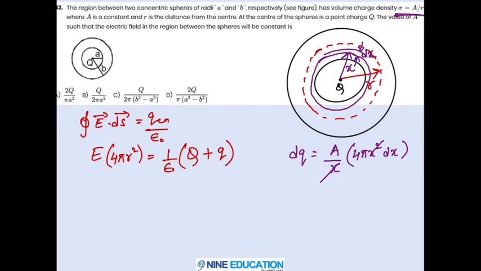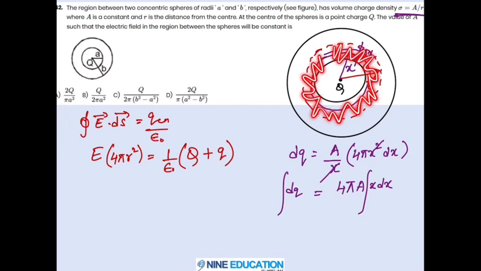So x and x cancels out. So this is 4 pi A x dx. This is dq. Now integrate on both sides and try to get the charge that is enclosed, not in the Gaussian surface, in this region between Gaussian surface and inner shell.